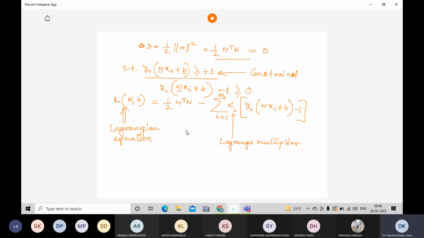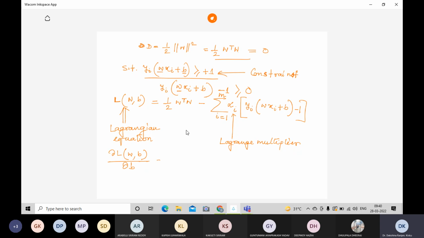Okay. So in the last offline class, we have solved this, and this optimization will be achieved by obtaining the derivative with respect to W and B. So if we obtain the derivative of this Lagrangian equation with respect to, let us say, b, so dL by db.